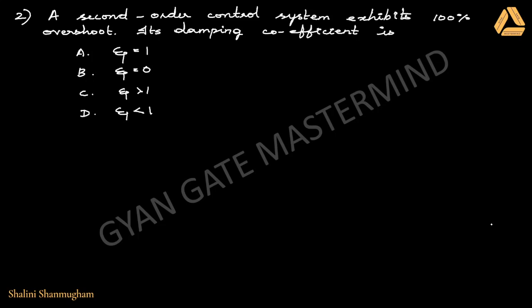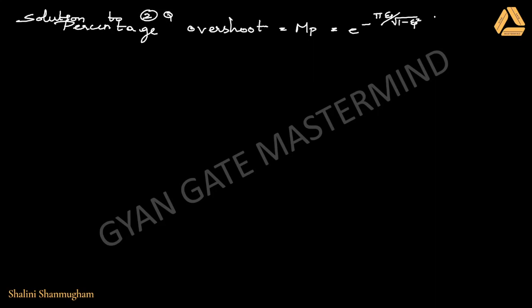So we know that percentage overshoot is given by Mp, which is e power minus pi psi by root of 1 minus psi square into 100. It is given in terms of percentage.